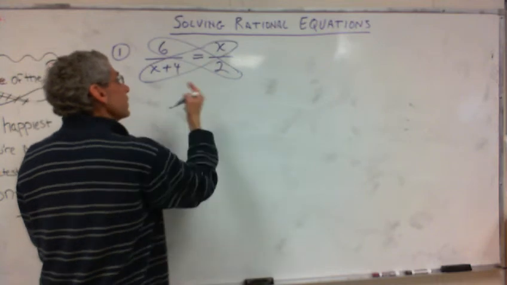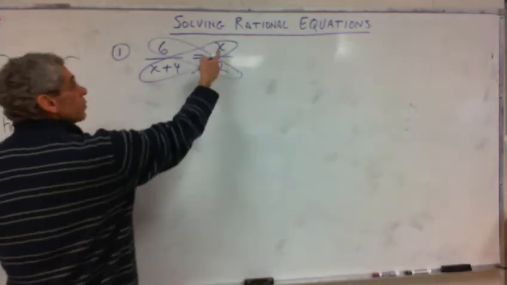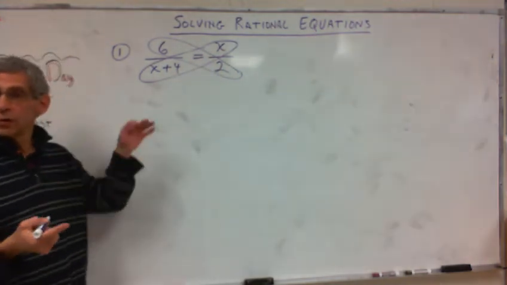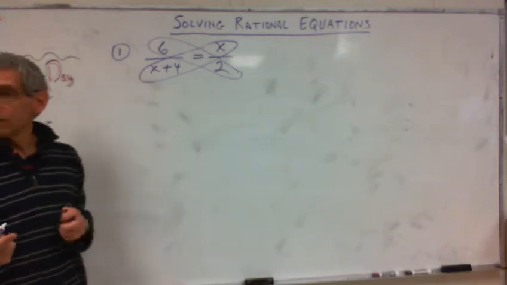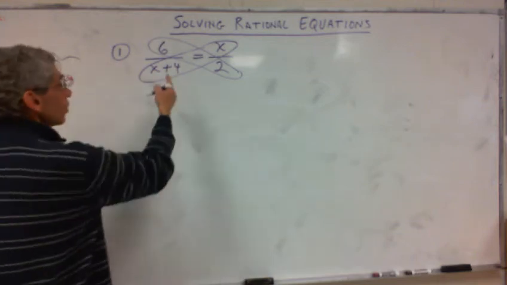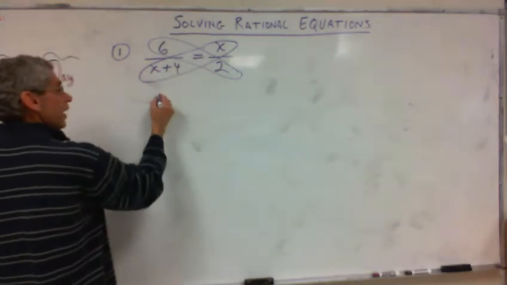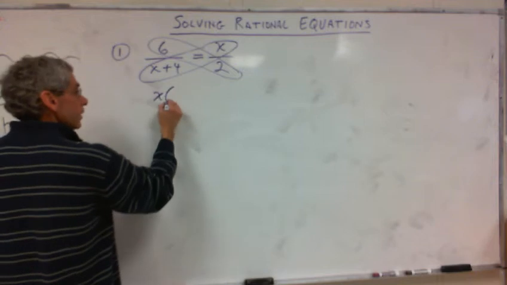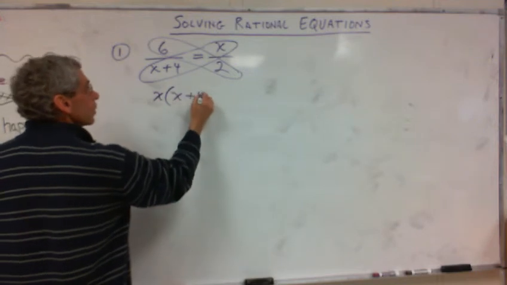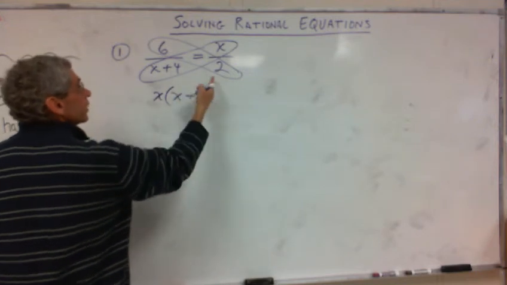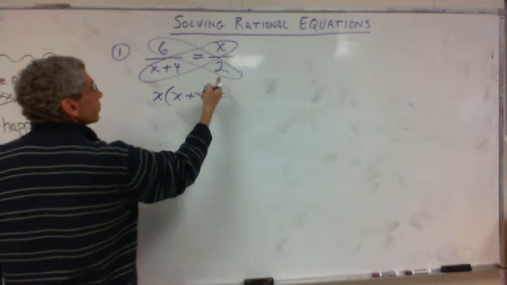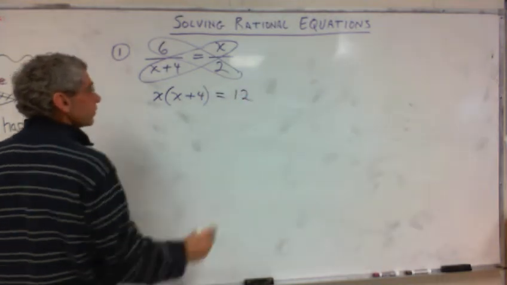I like my x's on the left side personally, so I'm going to do this one first. It makes no difference which diagonal you put first. No difference at all. So I'm going to write it out like this. x times (x plus 4) equals 2 times 6, which is 12.